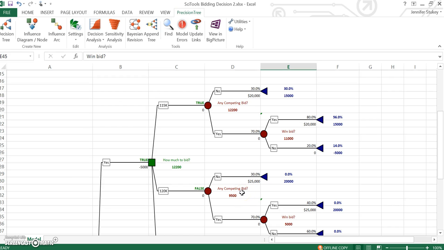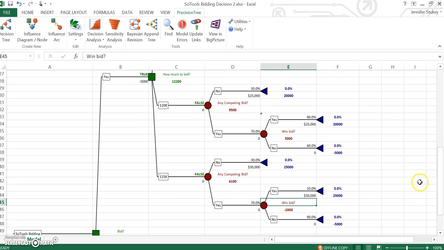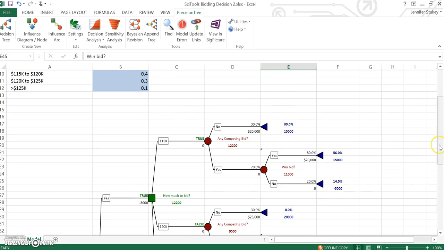But if they bid 120 or 125 and got the bid, they would make more. So if they bid 120 and got the project, they would actually make 25,000. If they bid 125K and got the project, they would make 30,000. They are just far less likely to get the projects over here, which is why this 115K has the highest EMV.